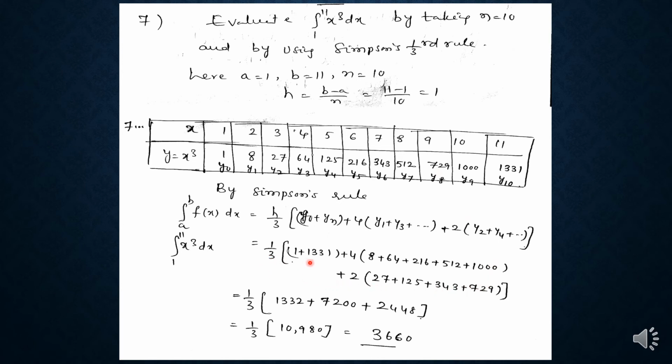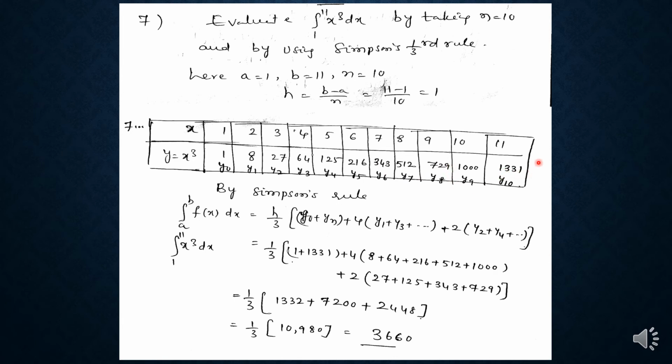So 1 by 3 into y0, which is 1, plus the last ordinate 1331, plus 4 into the odd ordinates, 8 plus 64 plus 216 plus 512 plus 1000, the sum of the odd ordinates, plus 2 into the sum of the even ordinates, that is 27 plus 125 plus 343 plus 729.